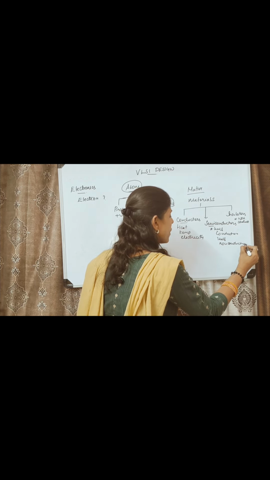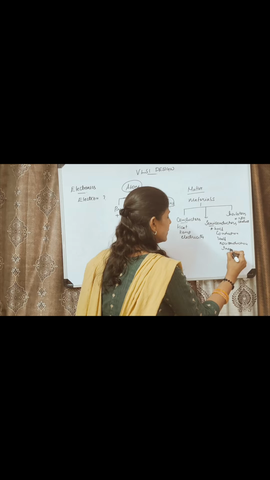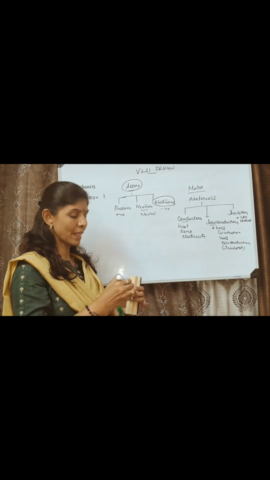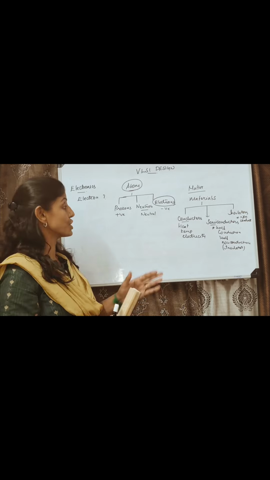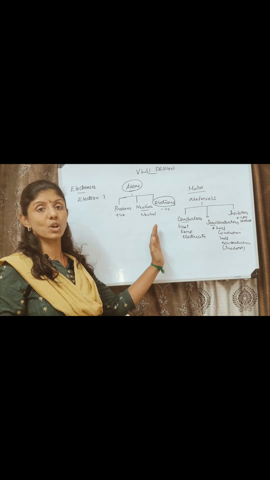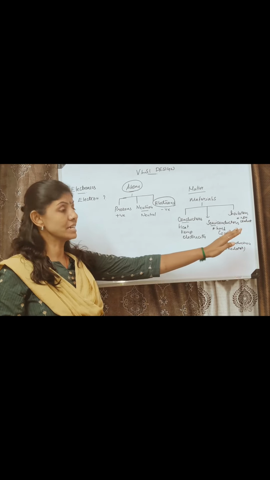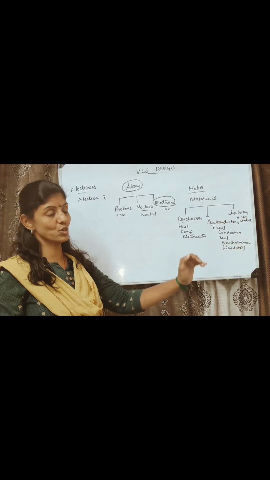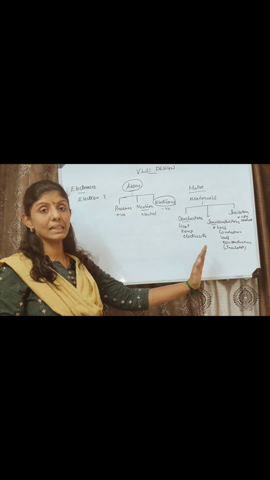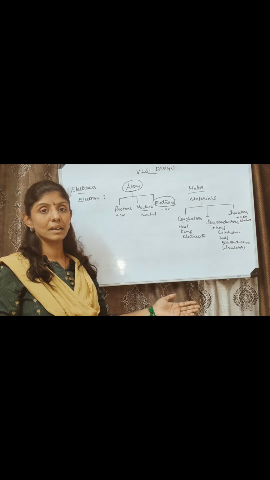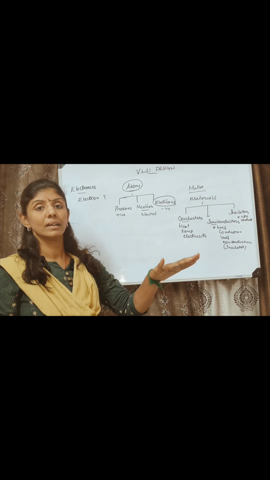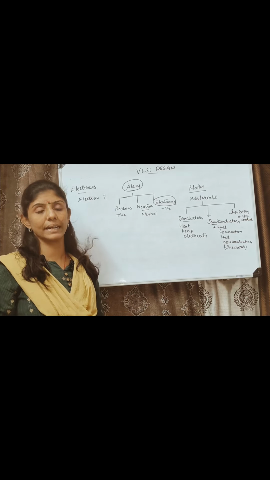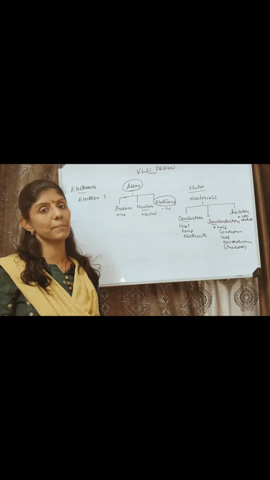So what is non-conduction? That is an insulator, right? The material which is able to conduct is called a conductor, and the material which is not able to conduct, we call an insulator. A material that may conduct and may not conduct, we call a semiconductor.